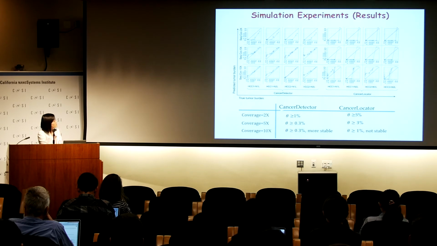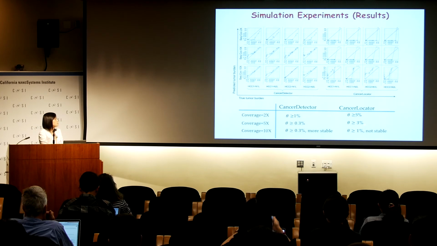In fact, with 2x coverage, we can detect the cancer if the tumor burden is more than 1%, whereas in CancerLocator previously it had to be more than 5%. And if the coverage is 5x, we can detect the tumor if the tumor DNA is only 0.3% in the whole cfDNA population, while CancerLocator has only 3%.